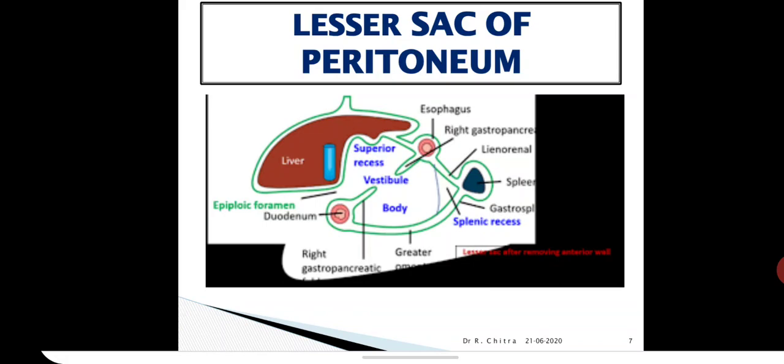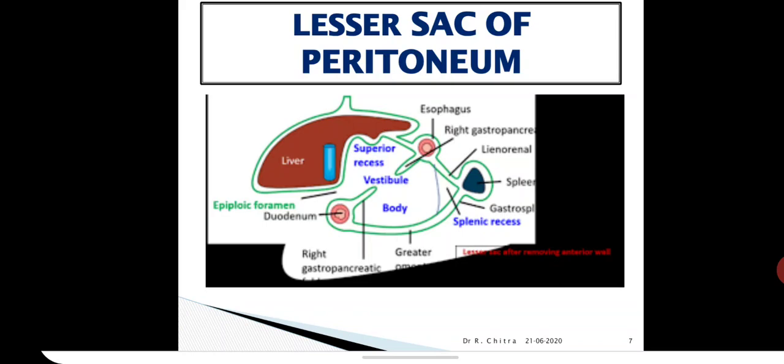When both these gastropancreatic folds meet at their ends, between them there is an aperture known as foramen bursae omentalis majoris. So there is a foramen. It is in the bursa omenti, that is the omental bursa. So that is that name.